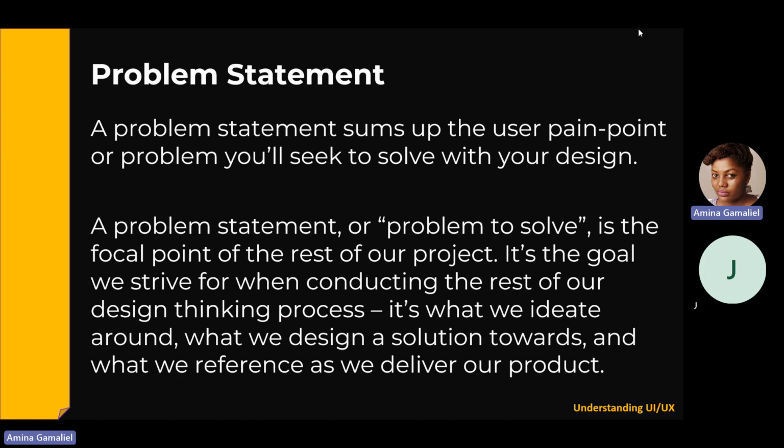So if we are unable to sum up our problems into one major problem, then chances are that we will not arrive at an app that would actually solve anything.